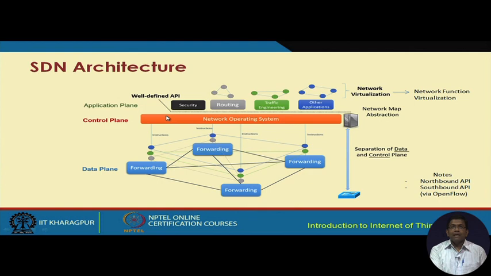The northbound API is between the control plane and the application plane. The interface between the data plane and the control plane is known as the southbound API, and the current protocol supporting this southbound API is the OpenFlow protocol.